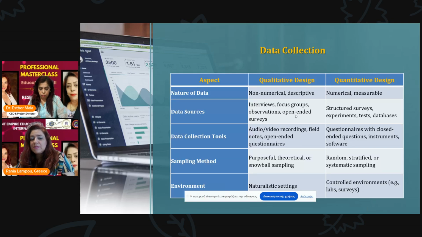In terms of data collection tools, for qualitative design we have field notes, open-ended questionnaires, audio-video recordings. With quantitative design, we can have closed-ended questionnaires, instruments or software. In terms of sampling method, with qualitative design we have purposeful, theoretical, or snowball sampling. And with quantitative design, we have random, stratified, or systematic sampling. This means that we will adopt the sampling method according to which design we select from the beginning.